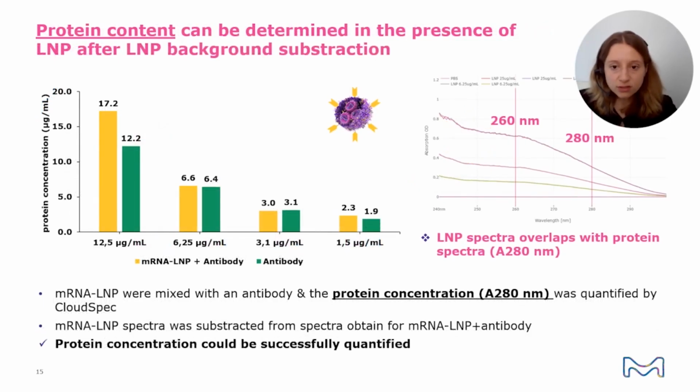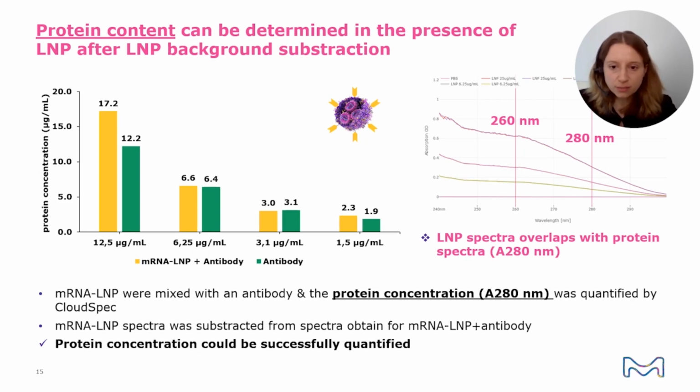Second, as I described, we wanted to quantify the antibody itself within the formulation. So for that set of experiments, we first diluted the antibody to different concentrations to determine the protein concentration. We used the concentration range between 12.5 microgram down to 1.5 microgram per milliliter, shown in green. And then we added again the same concentration of antibody to the LNP and measured the antibody concentration at 280 nanometer, because this is the absorbance maximum for most proteins.